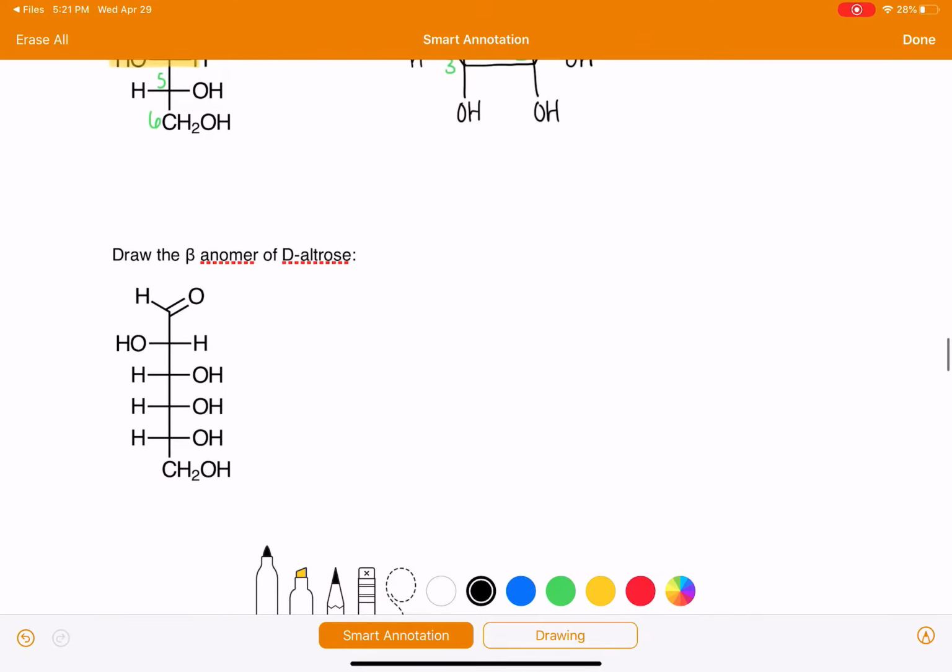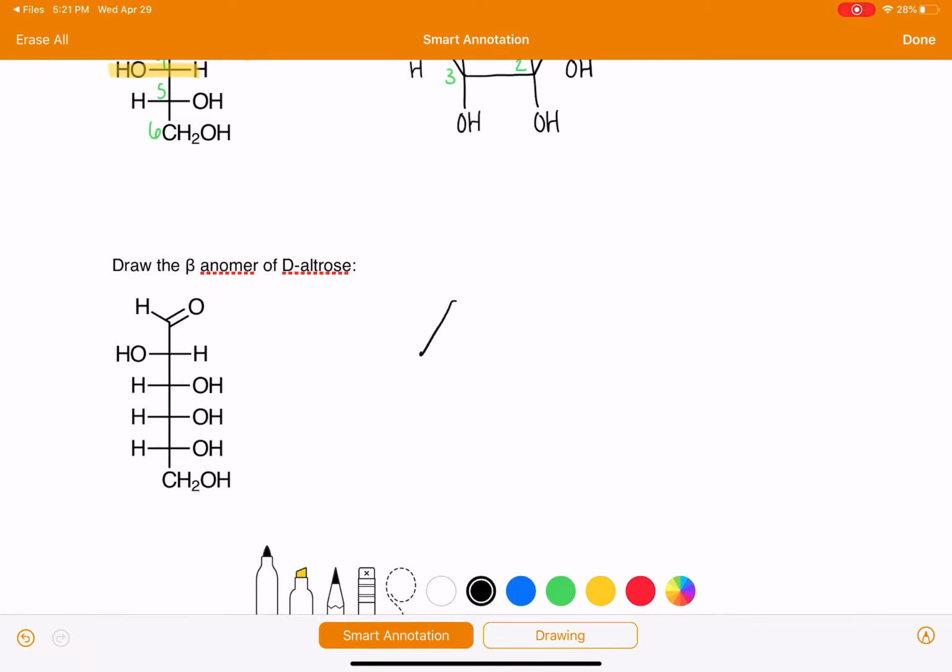And last but not least, we have one more aldose. 6-membered ring. Carbon number 6 is up here on the top. 6, 5, 4, 3, 2, 1. 1, 2, 3, 4, 5, 6.